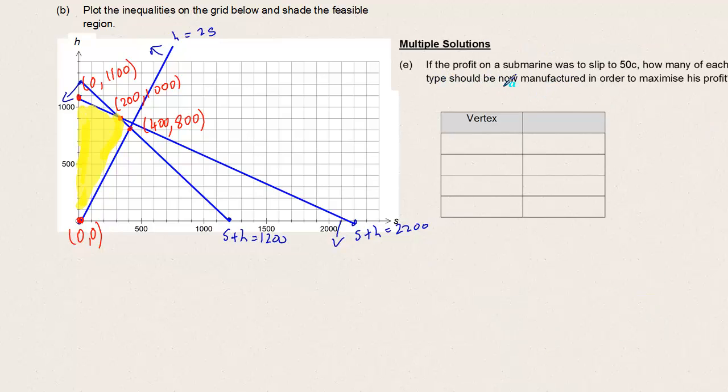If the profit on a submarine was to slip to 50 cents, how many of each type should now be manufactured in order to maximize his profit? So the profit function is now 0.5S plus H. So that's what we need to evaluate at each of our vertices.